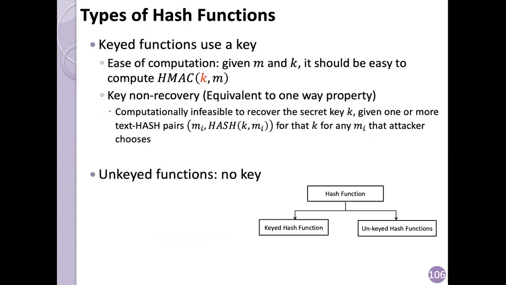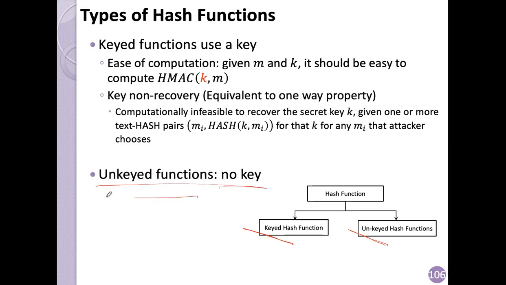Now, the next thing that we should know about hash functions is the type of hash functions. In general, we have two types of hash functions: unkeyed hash functions and keyed hash functions. The name, I would say, is clear and gives you the idea. In unkeyed hash functions, there is no key.